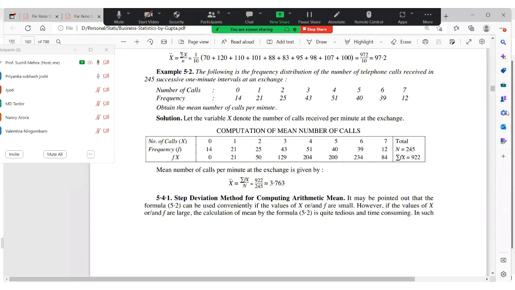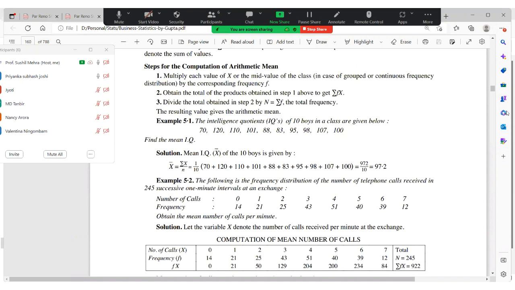See this example. First of all, look at this. The intelligence quotient of 10 boys in a class are given below, right? Find the mean IQ. So add all these, these are individual IQ scores of 10 boys.